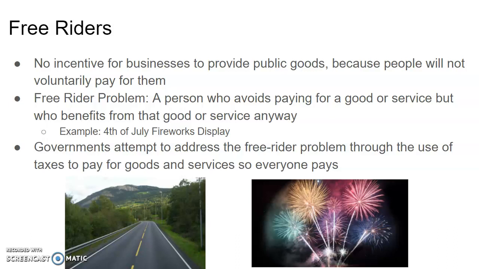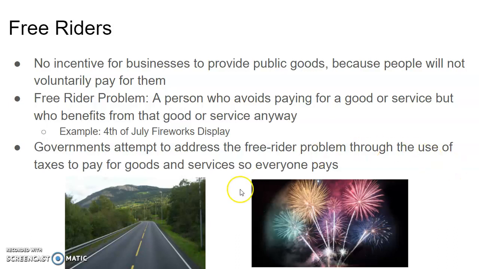And so those people who are driving from out of the city or even out of the state to enjoy that display are considered free riders. They're enjoying a good or a service that they did not pay for. Governments attempt to address the free rider problem through the use of taxes to pay for goods and services, so everybody pays a little bit.